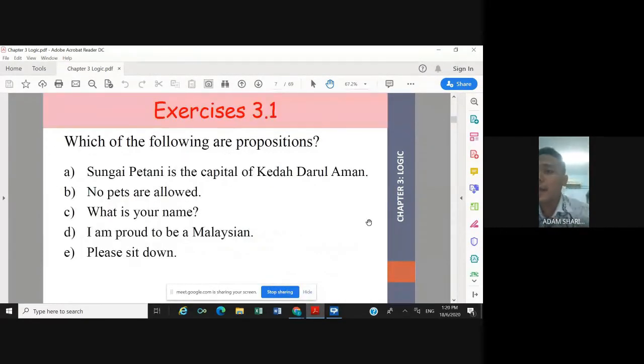Look at this one. Answer it on your own. You can say it loudly if you want to. Try to look at exercise 3.1. Which ones are propositions and which ones are not?